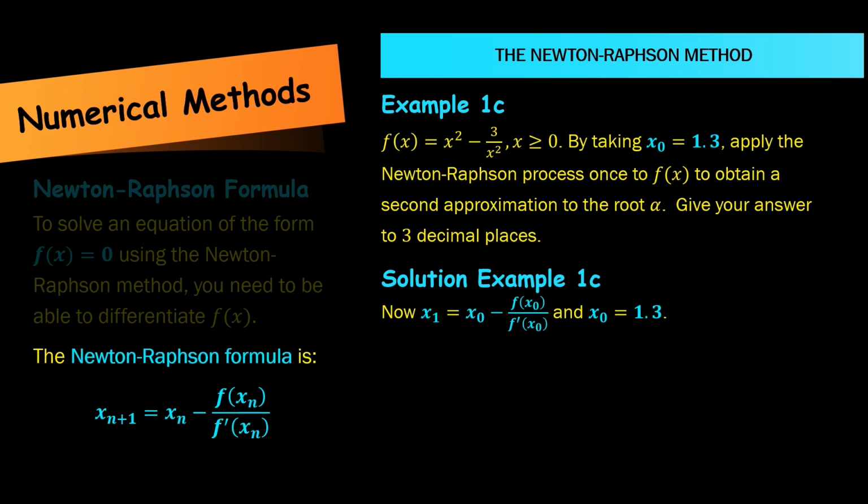From the Newton-Raphson formula, we have that x1 equals x naught minus f of x naught divided by f dash of x naught. Here, of course, we have that n is equal to 0. We also have the starting value x naught equals 1.3.